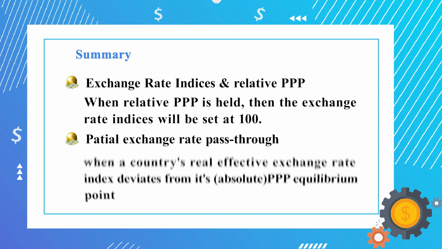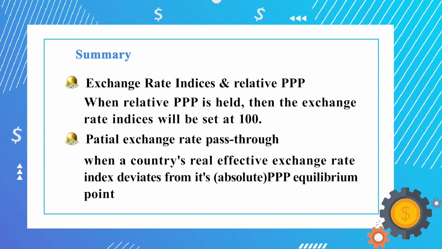If a country's real effective exchange rate indices deviate from its PPP equilibrium point, then there happens partial exchange rate pass-through. Okay, with this section, we finish the theory of purchasing power parity.